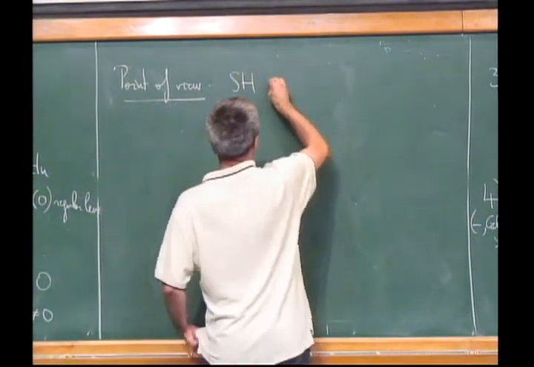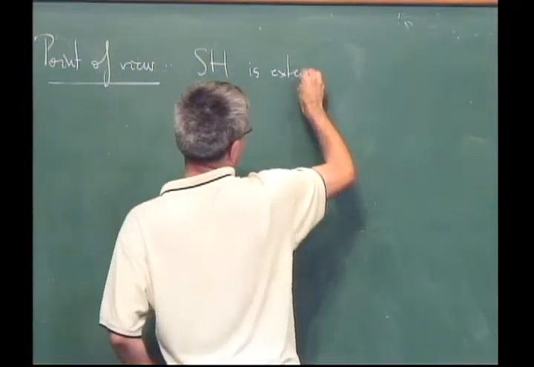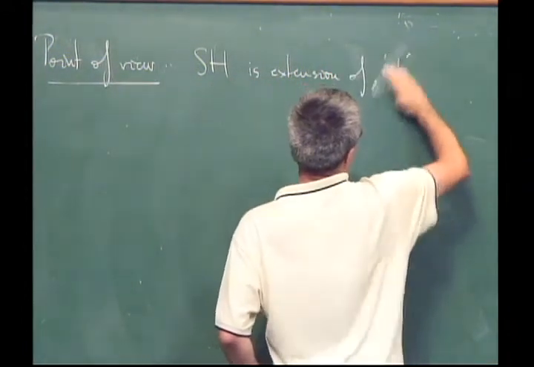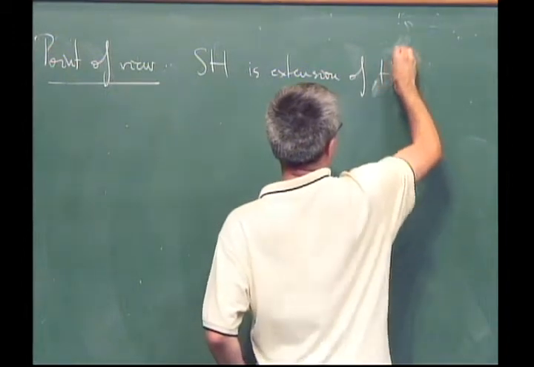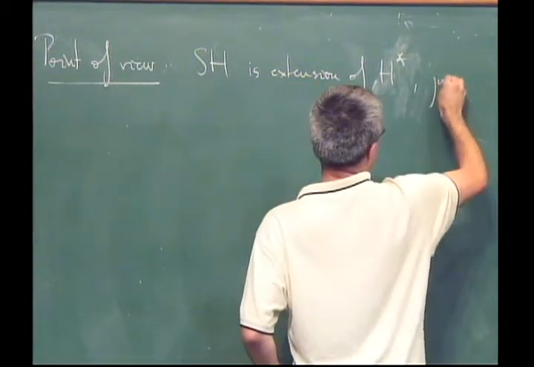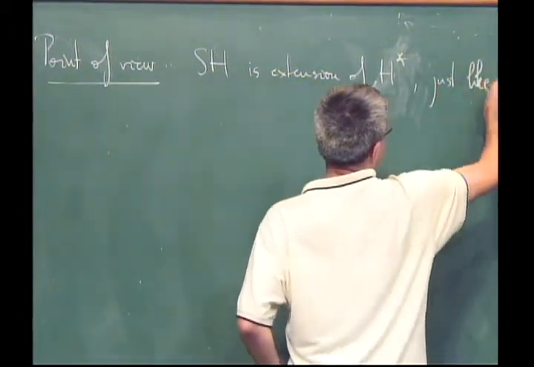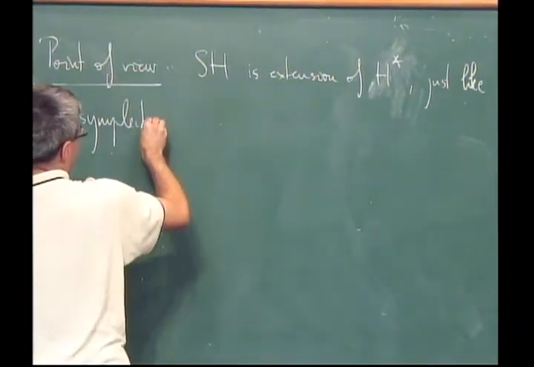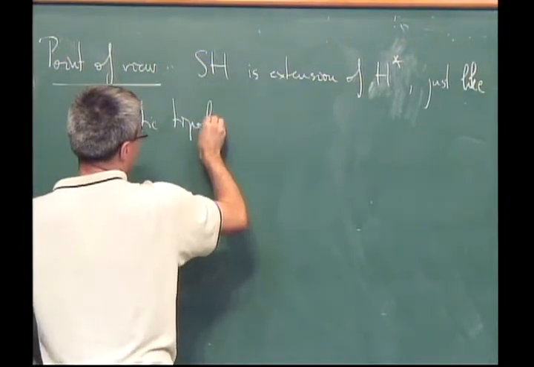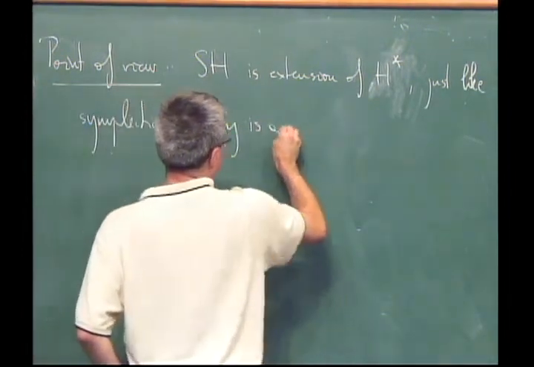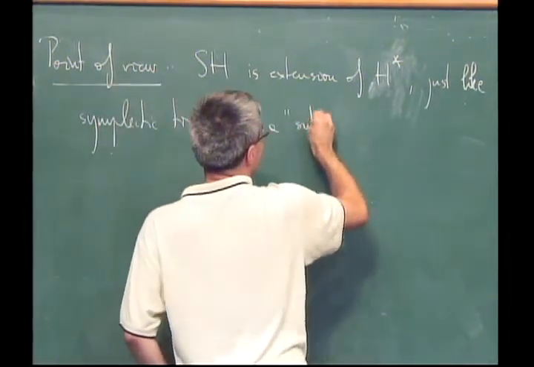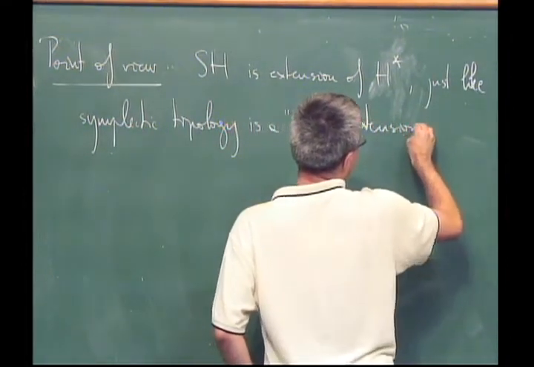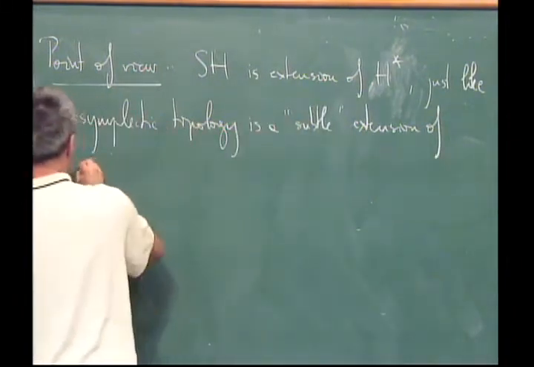Symplectic homology is an extension of differential topology, of maybe singular cohomology, just like symplectic topology is a subtle extension of differential topology.